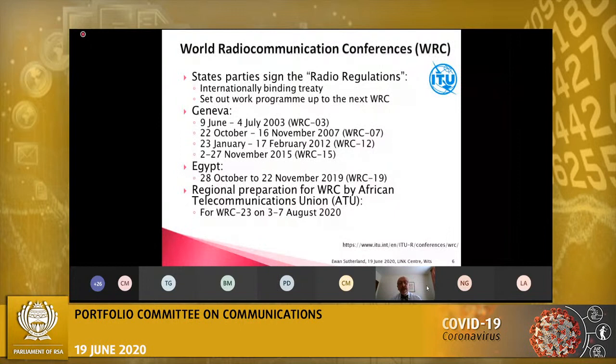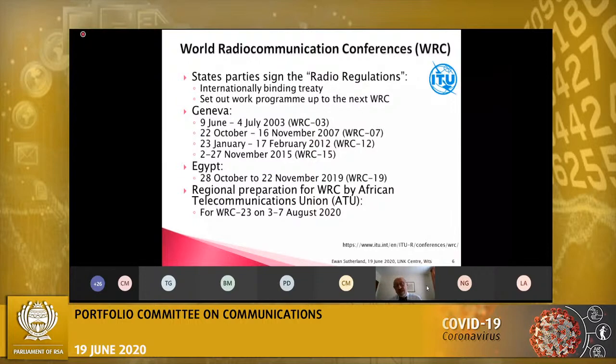So we've had meetings in 2003, 2007, 2012, 2015, and everything being equal, there will be a meeting at the end of this year in Sharm el-Sheikh in Egypt. And that will begin the work for the next cycle.